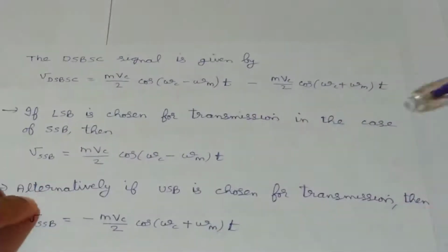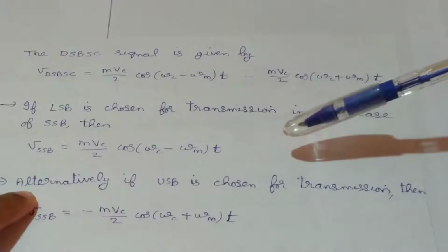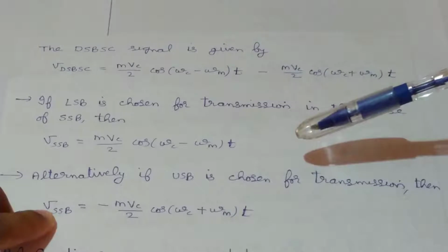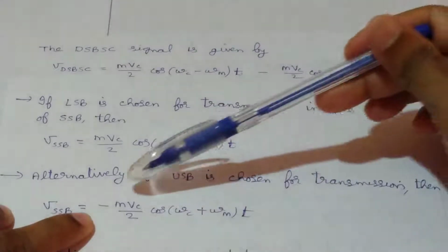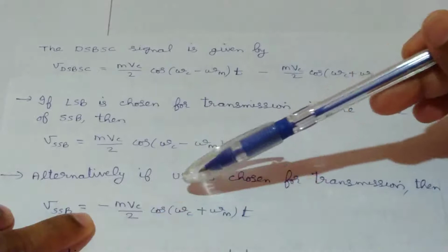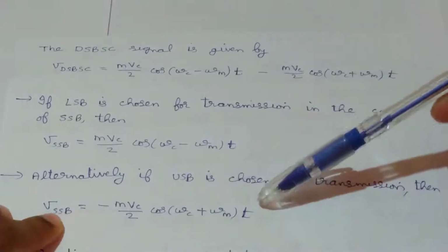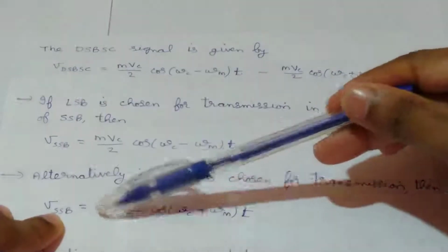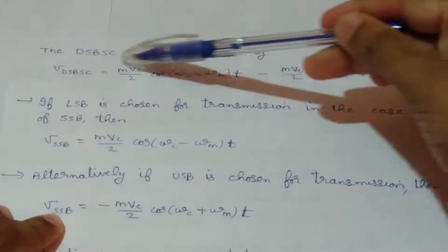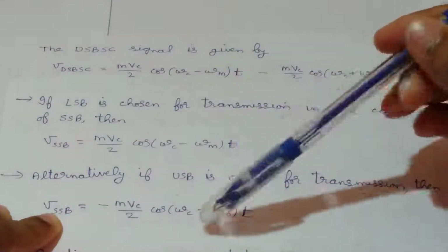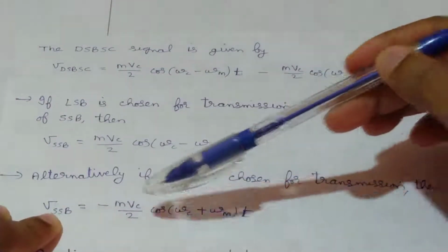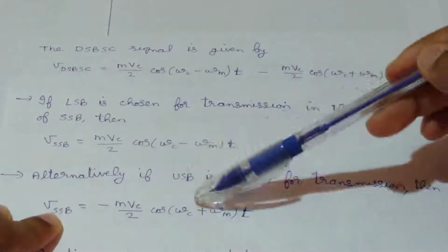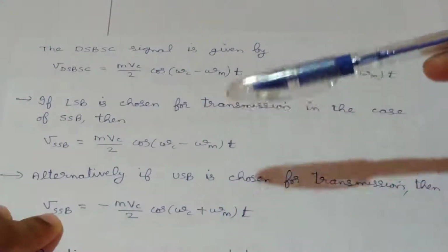Alternatively, if the upper sideband is chosen for transmission, then the equation for the single sideband wave is V_SSB equal to minus mVc by 2 cos (omega c plus omega m) t. So here we are transmitting the upper sideband component to the receiver side and the lower sideband component is suppressed. In this manner, the equation for the transmitted signal in single sideband transmission will vary depending upon which sideband is chosen.